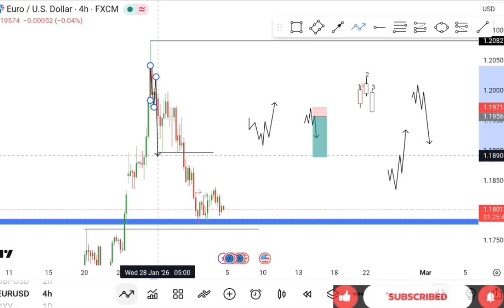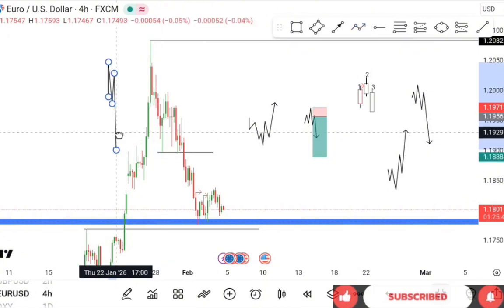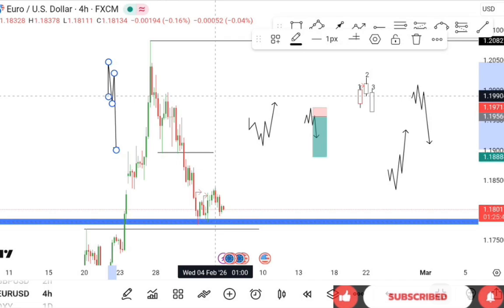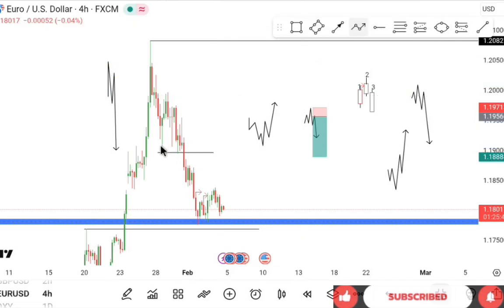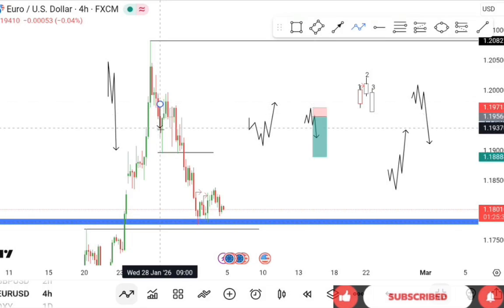So when you go to your maybe 15 minutes or 5 minutes candle structures, you can see this pattern that happened here. You can see it happens in all assets. So let's still use here for a better understanding.